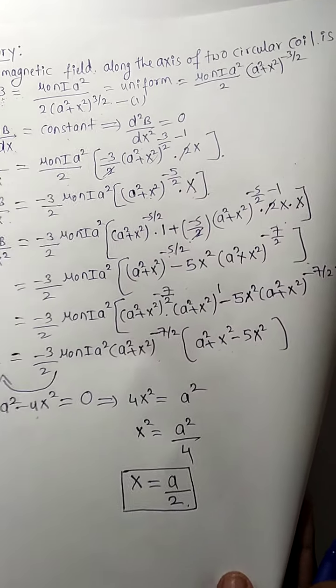And the next, from this I want to prove how much current will be passing through the coil. How much current will be passing. So this one I am proving by using the tangent law. So we already studied about the tangent law.